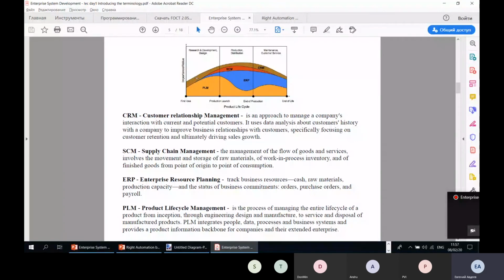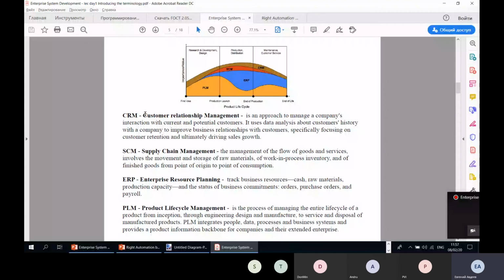So this system helps us to organize relationships with customers. We can save some contacts of customers. We can store some additional information like address, how much this customer bought of some products, how much he ordered, in which state the order is.